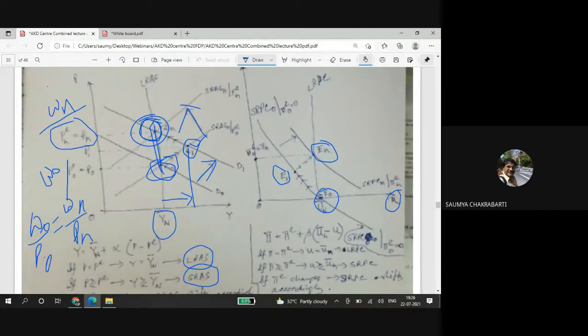They cannot say that the government is irrelevant, it's too much, so they say policy irrelevance. Any question? So basically, the economy is moving from E naught to E1, EN in one go. And the policy is completely irrelevant.